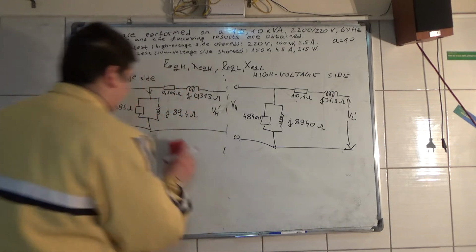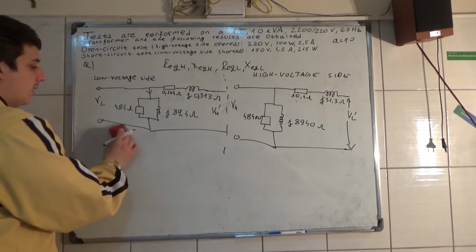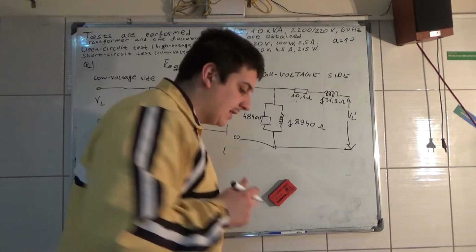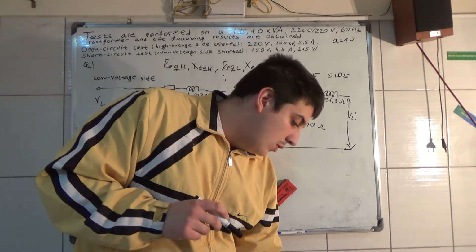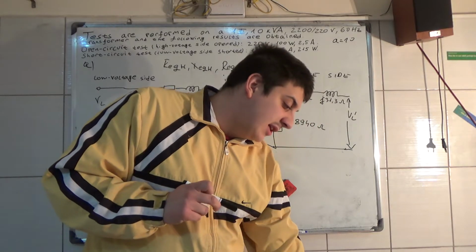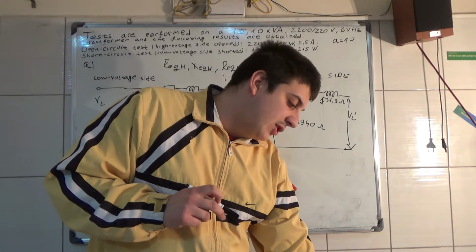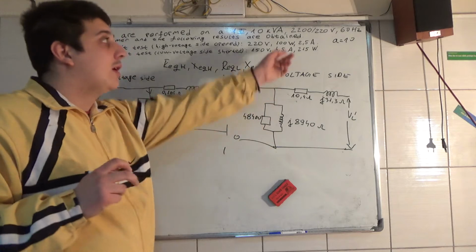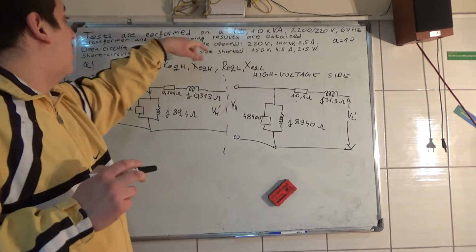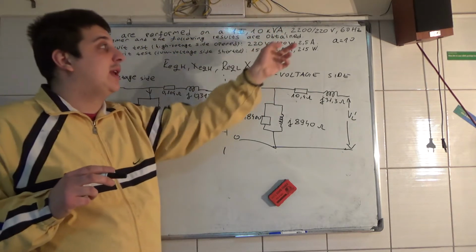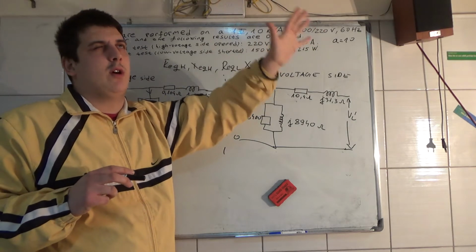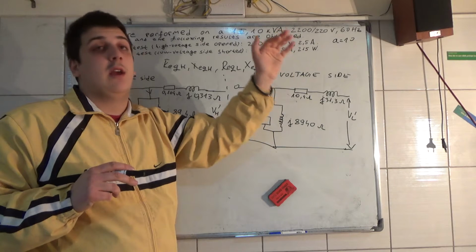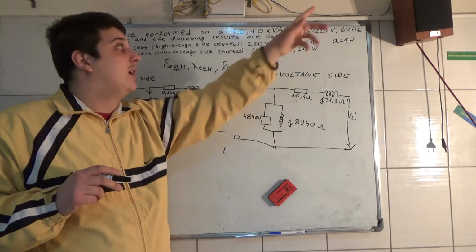Now it asks to express the excitation current as a percentage of the rated current. So I said on the no load open circuit test, this here is the exciting current, because the resistance is neglected. It only goes to magnetize the current.